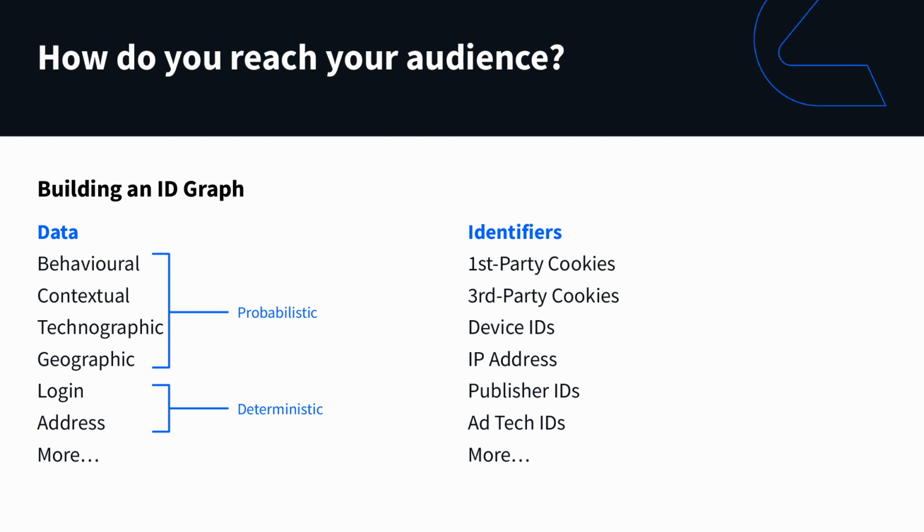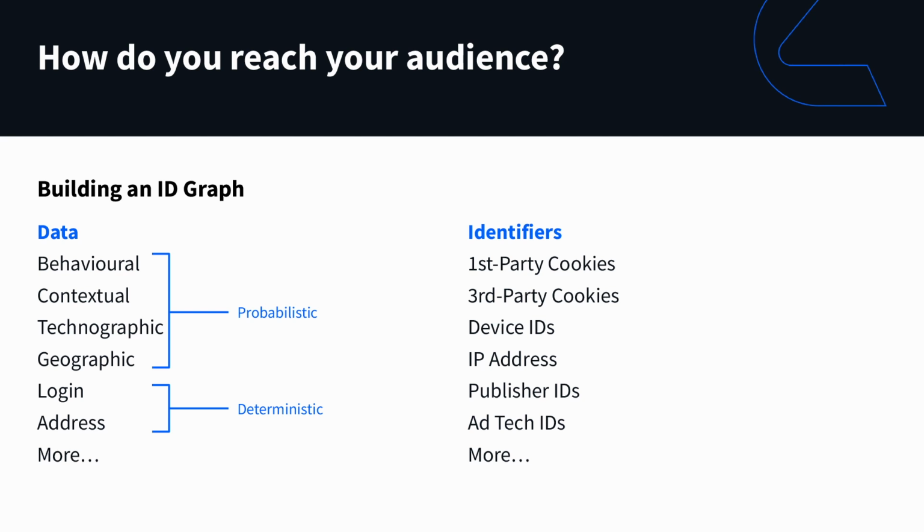For example, I can target someone, I can show them a message based on their historic behavior, their geolocation, their address, and so on. This data can be probabilistic or deterministic based on its statistical significance and how valid it is. On the right, there is a list of commonly used identifiers for these people.